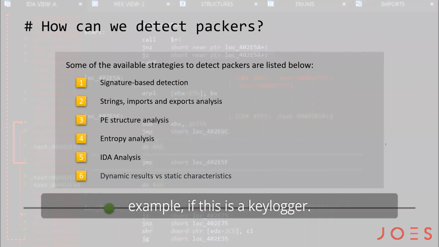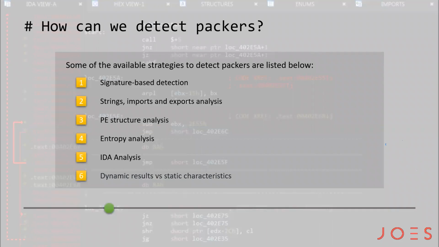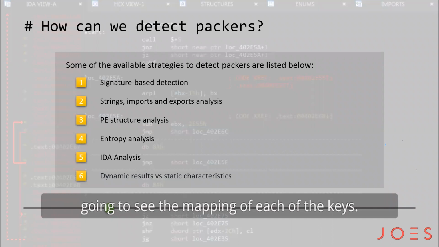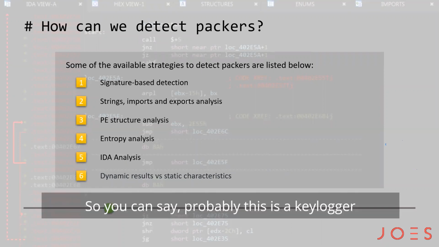For example, if this is a keylogger, in the strings, probably in some cases, you are going to see the mapping of each of the keys. So if you see those specific strings of the key map, you can say, okay, probably this is a keylogger.